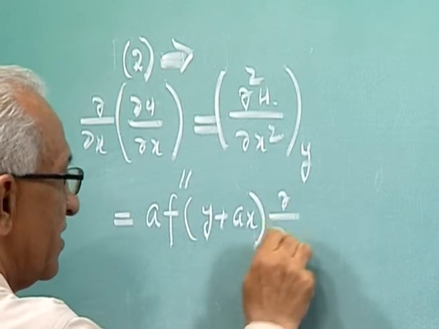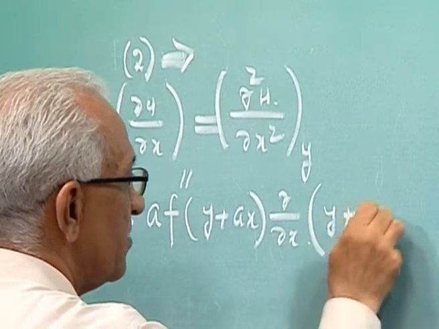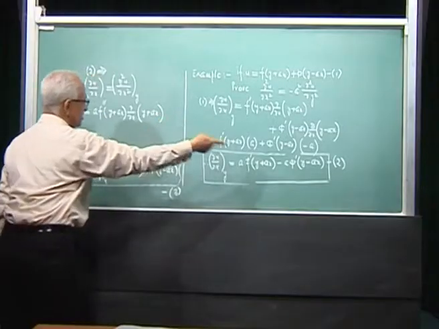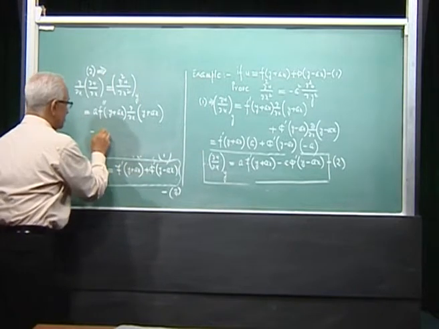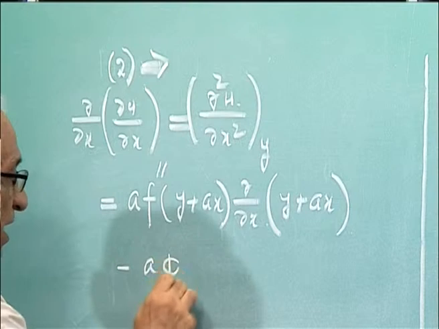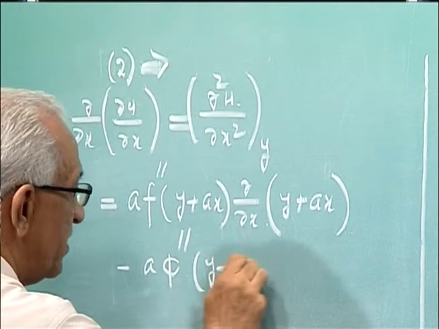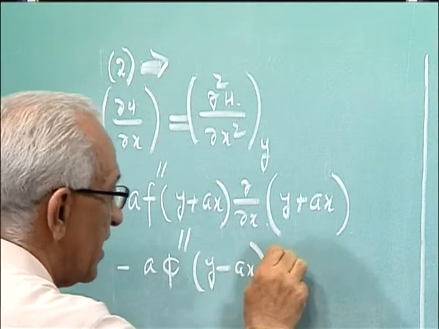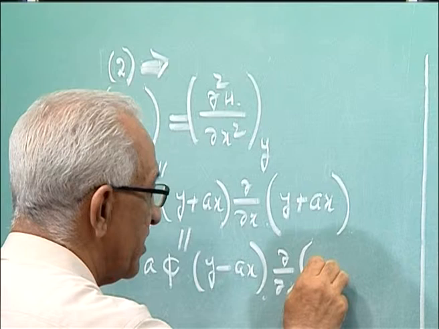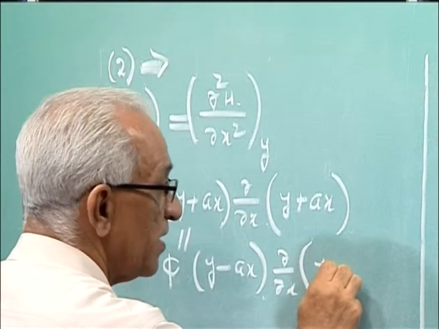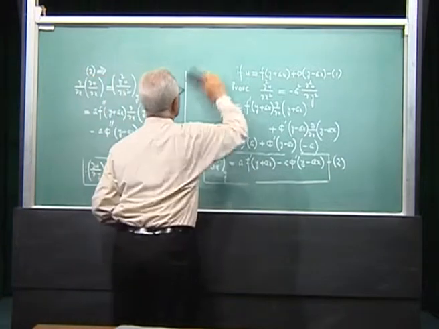Once again d dx, I will be doing y plus ax as we did in reaching 2, and then I will be having here minus a phi double prime, double prime means second differential, y minus ax, and I will be doing with respect to x, and so I will be having y minus ax. That is the result that we have. We proceed further.